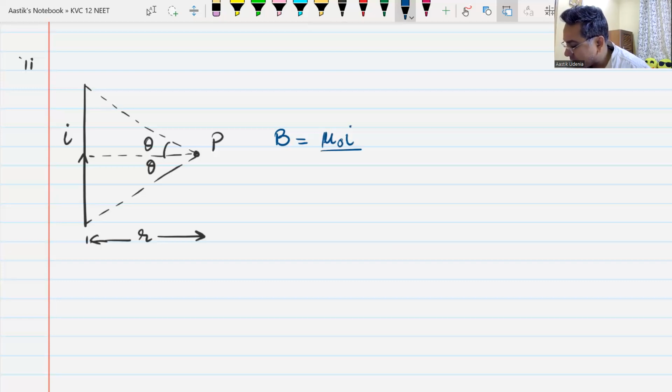Mu naught I by 4 pi r multiplied by how much? Sine 2 theta? Again take a deep breath, look at the formula and again tell me the answer. 2 sine theta, not sine 2 theta.